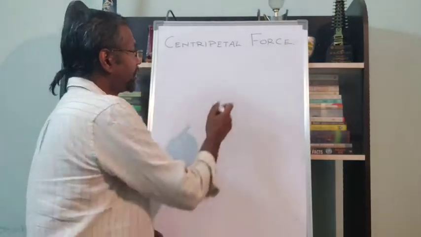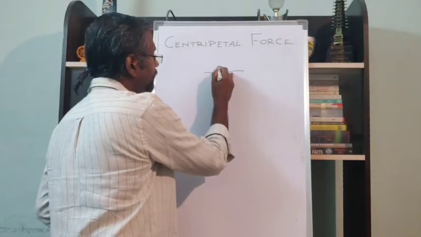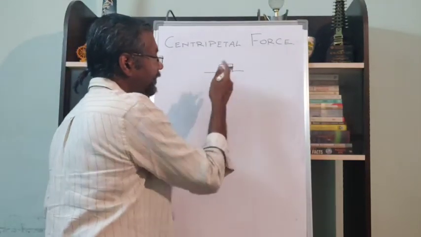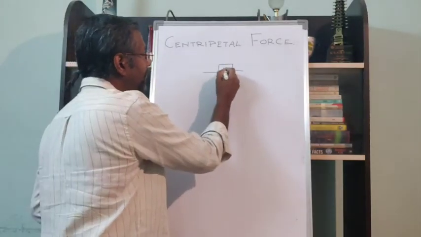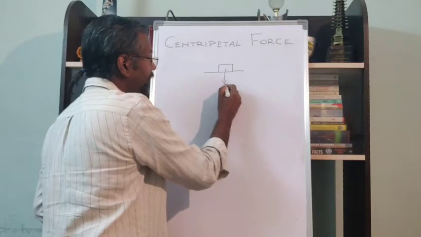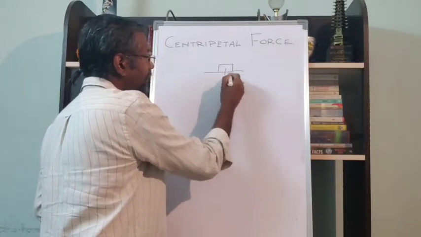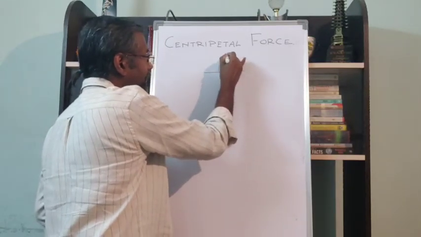So when we have a car here, it's going around in a circular motion. We know the forces acting are mg, and there's a normal force acting upward.